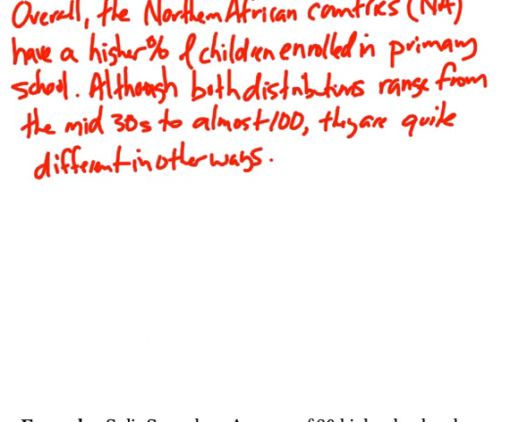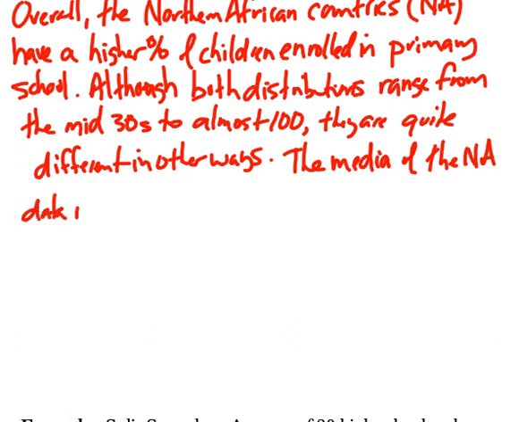So something to the effect of, the median, this is where we're being specific, right? And we were specific with the other one too, talking about the range and the top and bottom values. So the median of the Northern African data is about 92%. And since we're making a comparison between the two regions, we want to use comparative language also.